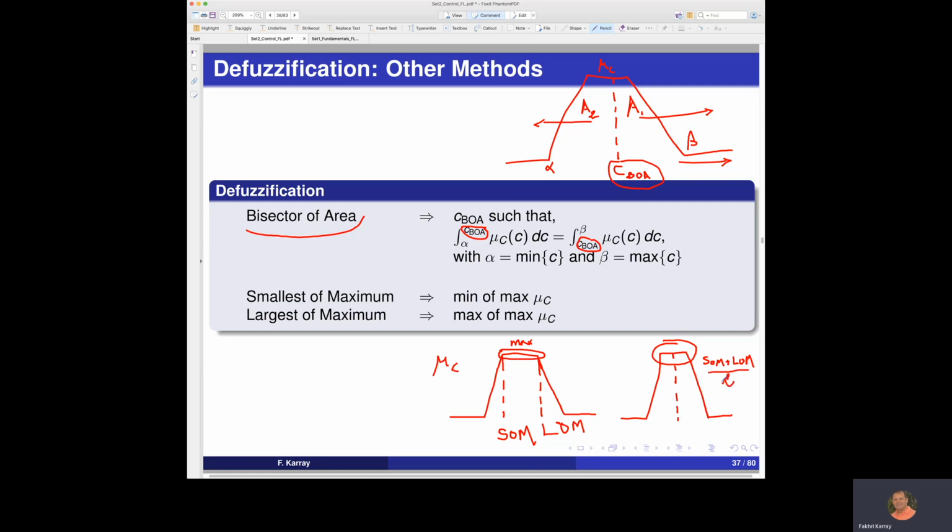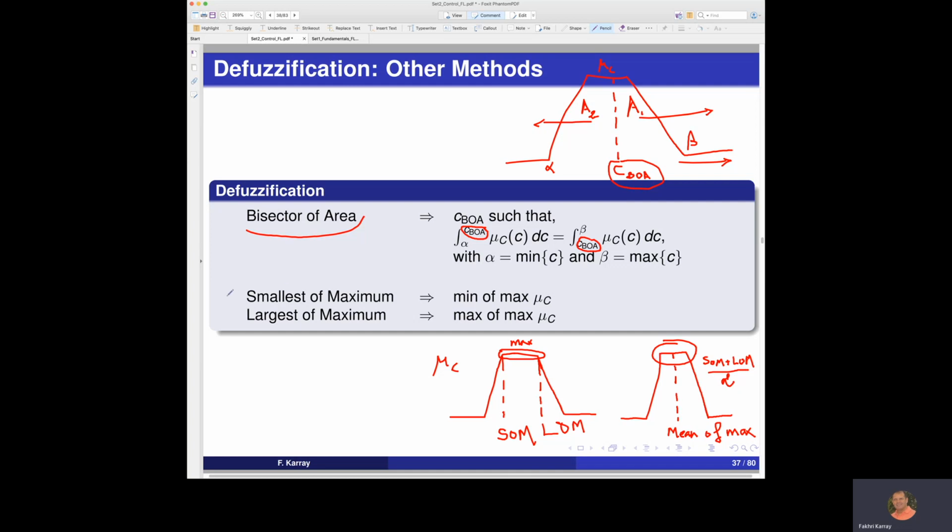This is the mean of the maxima. So this is another way, the mean of maxima, when the function has a modal value that takes maximum over a wide range.